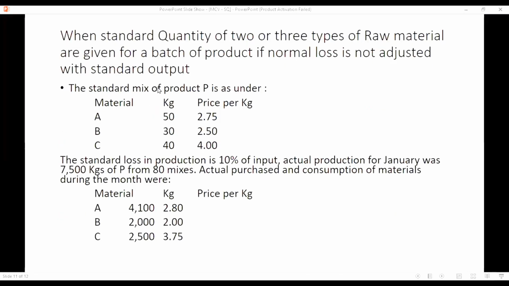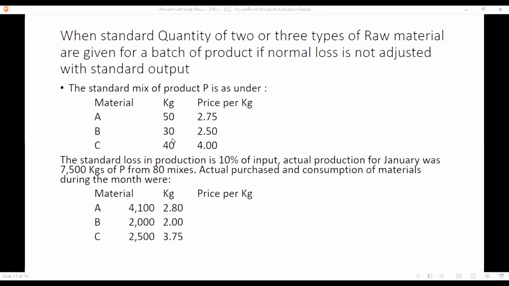Here is another problem. When standard quantity of 2 or 3 types of raw material are given for a batch of product, if normal loss is not adjusted. In the previous one, the normal loss was adjusted. Here, normal loss is not adjusted with standard output. The mix is 50 kg, 30 kg, 40 kg for A, B, and C. And normal loss is 10%.